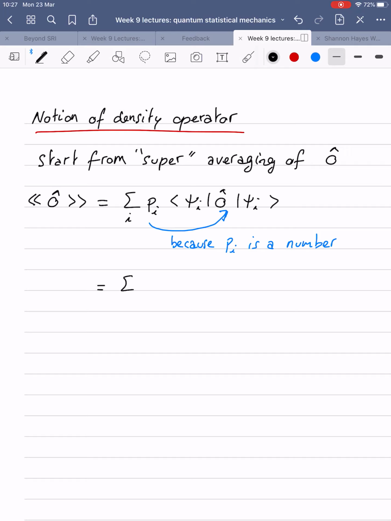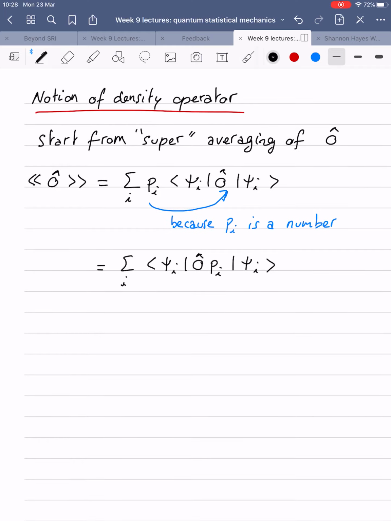If you've got a number, you can put it wherever you want. So here I have <psi_i|O, then I've got this p_i, and then I've got |psi_i>.